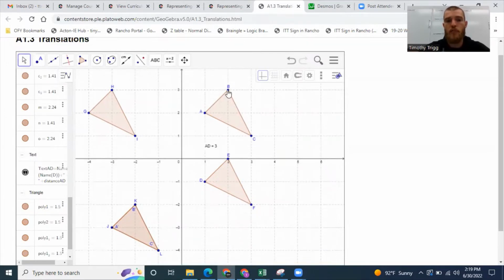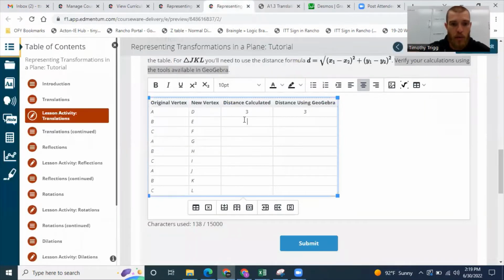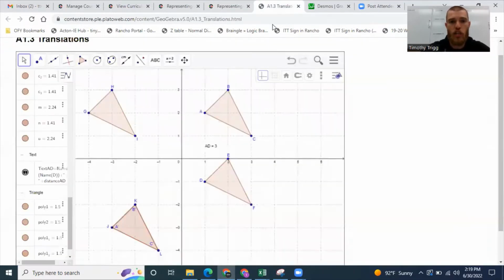Now, what's the distance from point B to point E? Well, it should be the same as 3, right? Down 1, 2, 3, which makes sense because we translated down 3 units. So that's going to be 3 here as well, from D to E, as well as from C to F. What about A to G?